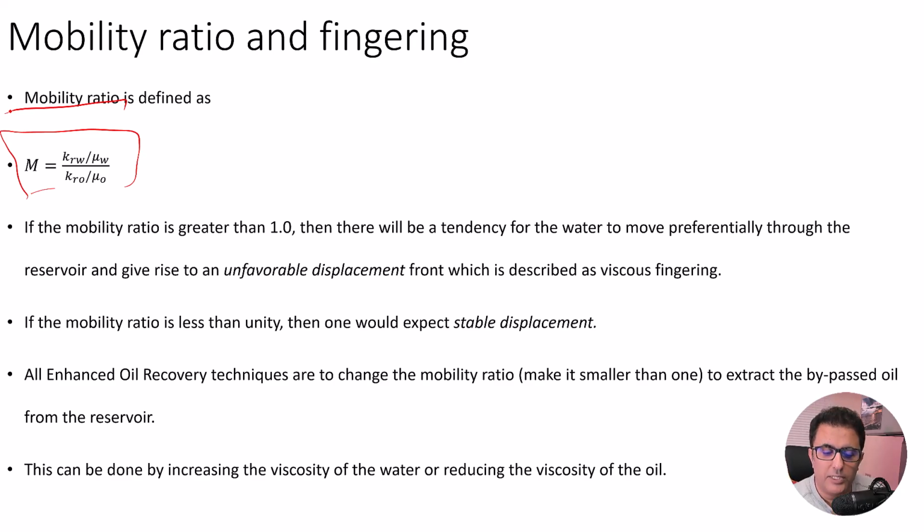Whenever the mobility ratio is greater than 1, we're going to have fingering in the reservoir. On the other hand, if the ratio is smaller than 1, we're going to have a stable displacement.